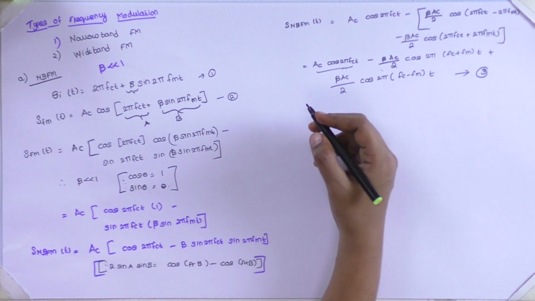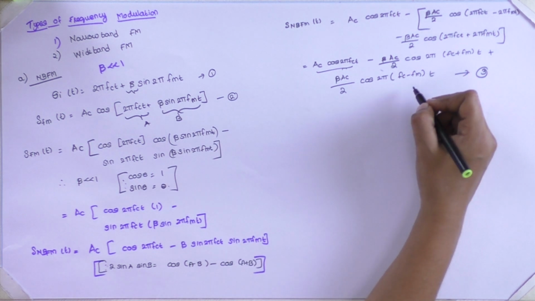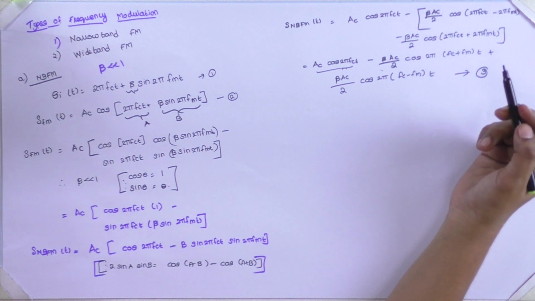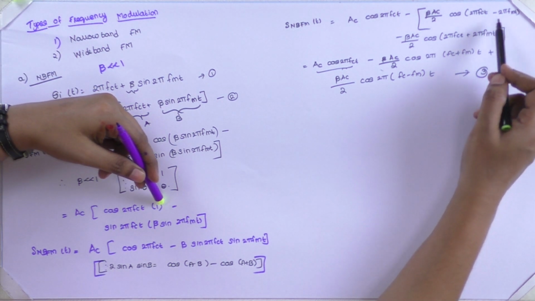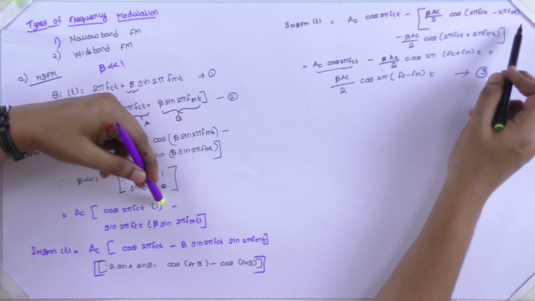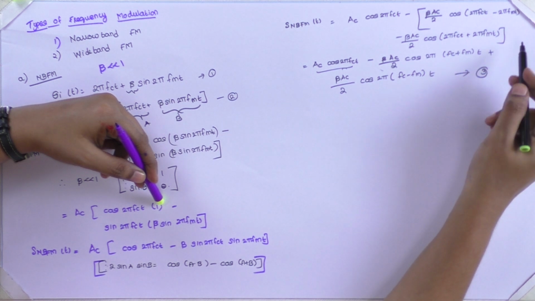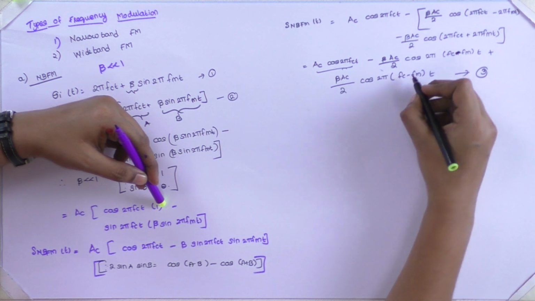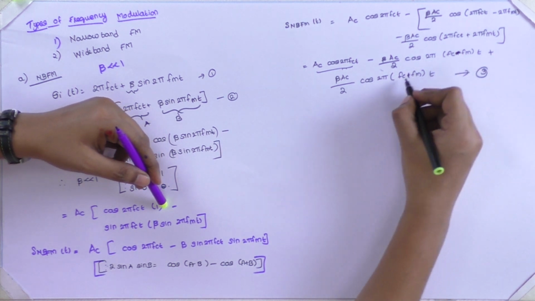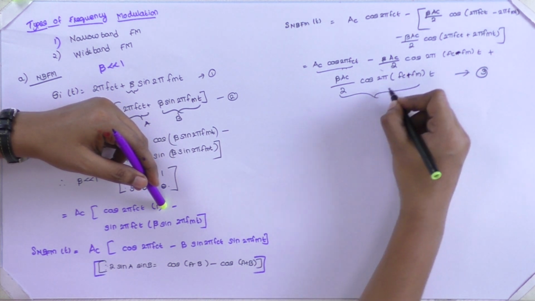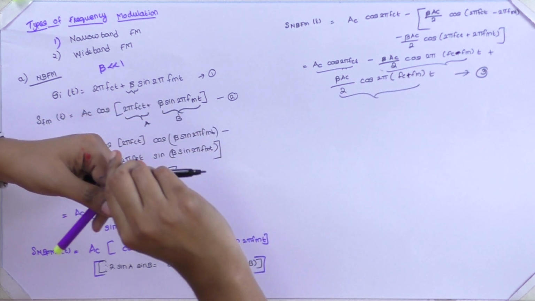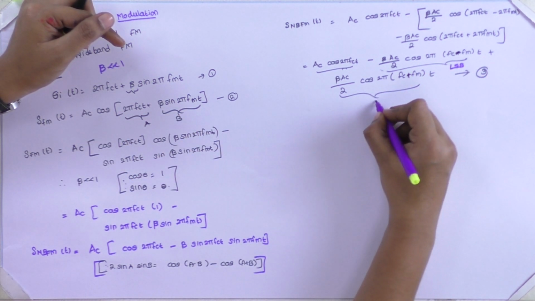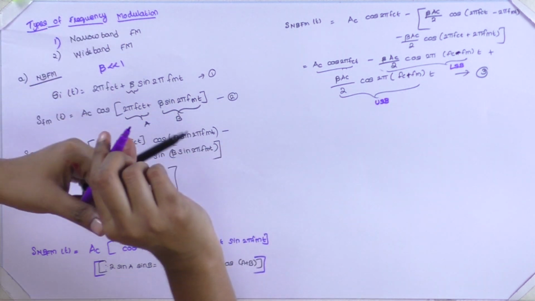For the phasor diagram, FC minus Fm is given by cos A minus B, therefore minus of FC minus Fm, this is FC plus Fm. Here we have minus, here we have plus. So this is our LSB part and this is our USB part. So LSB has the phase reversal. This is our USB part.